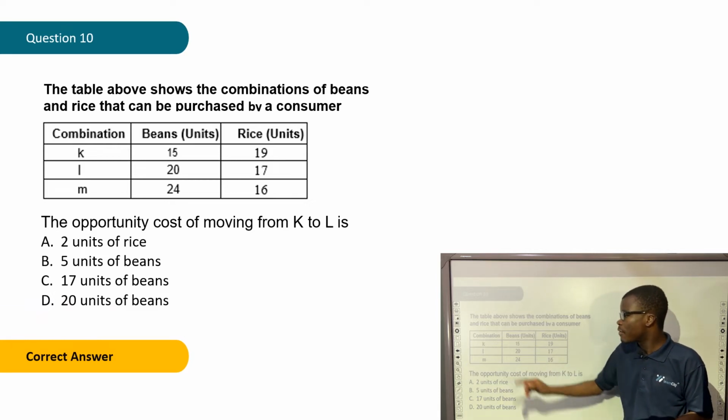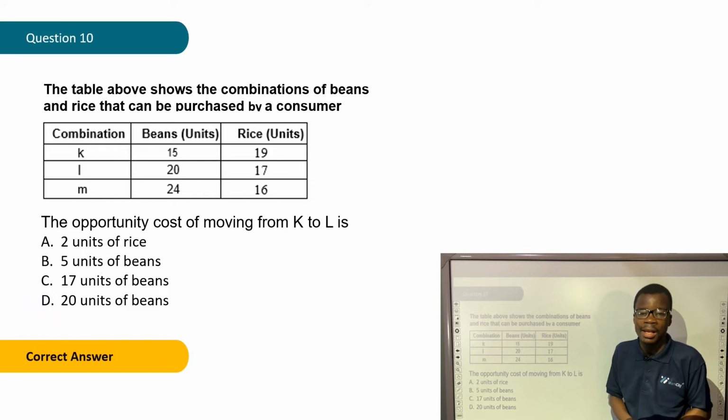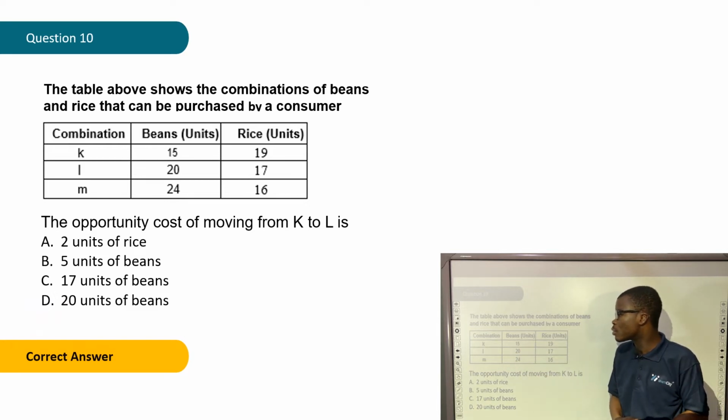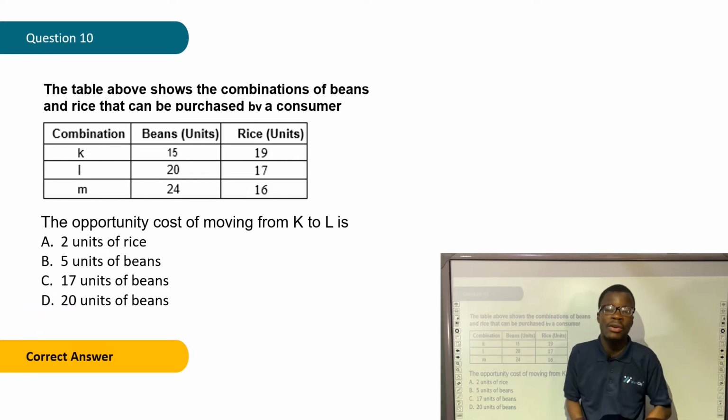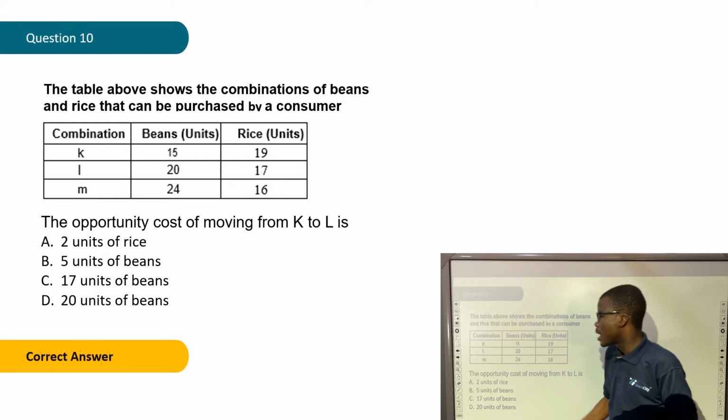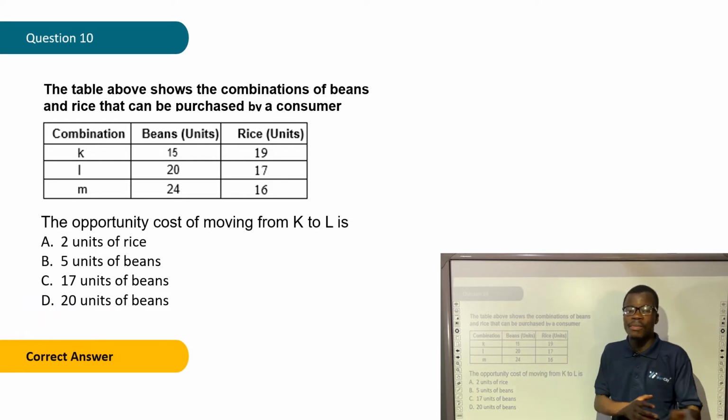But if it chooses combination L, it will be able to choose 20 units of beans and 17 units of rice. If it's going with combination M, it is going to be able to pick 24 units of beans and 16 units of rice. Then, after being able to interpret the table, we proceed further to the question.